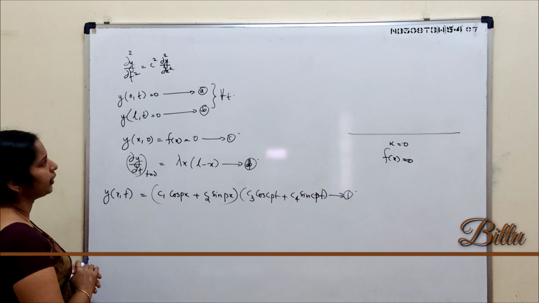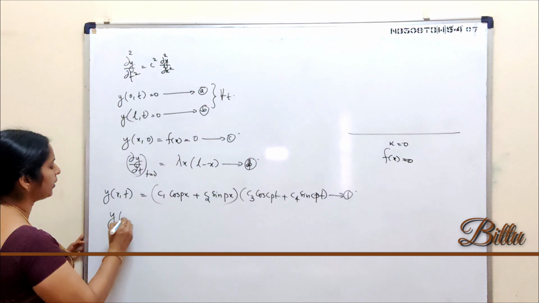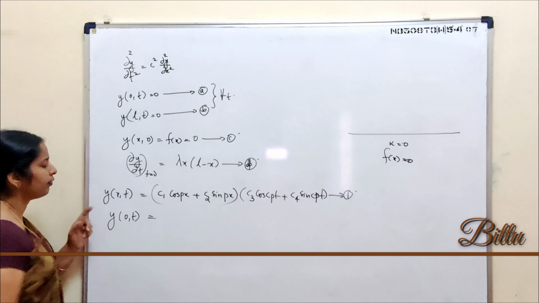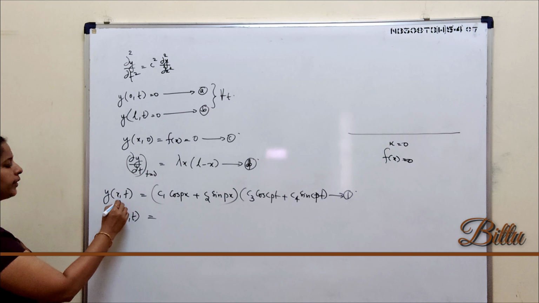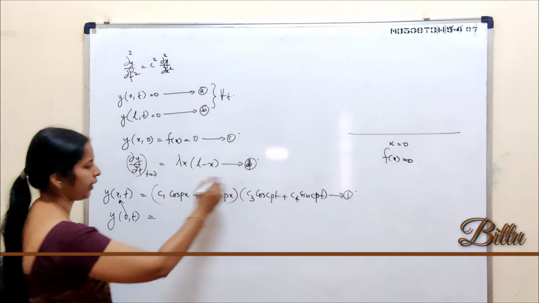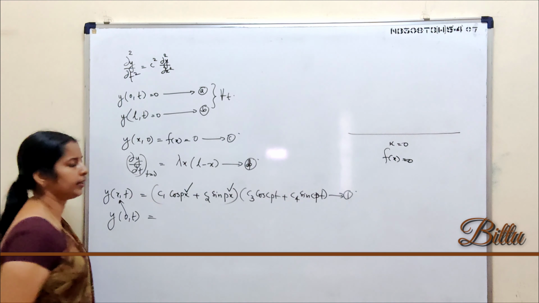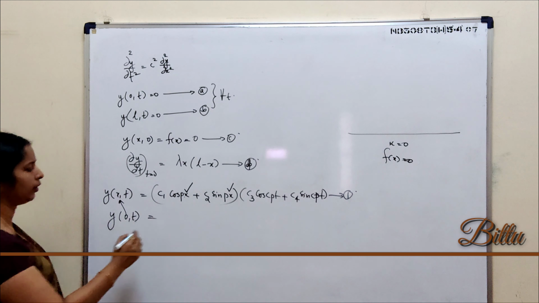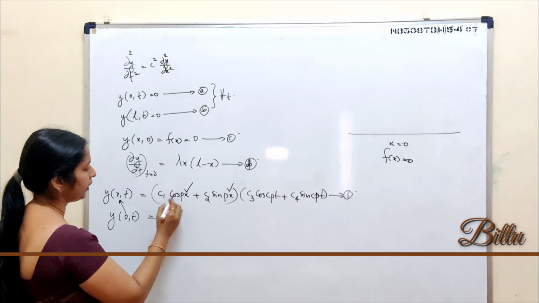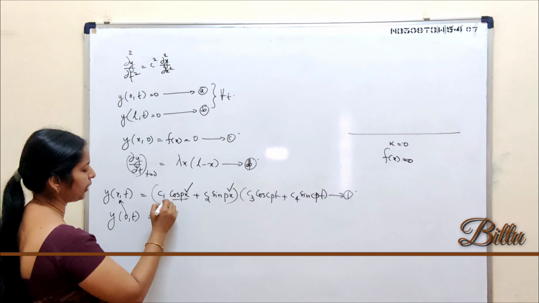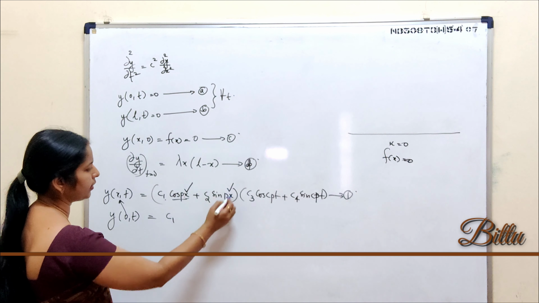For substituting the first condition, we have to write y of 0,t. For getting y of 0,t, you put x equal to 0. In the right side, you can see x is with the cos px and sin px only. There you have to put x equal to 0. So cos is 1, so it is c1, and sin is 0, hence that term will be 0.